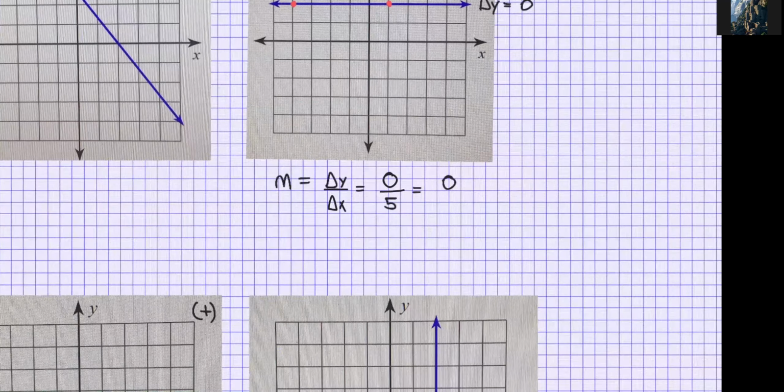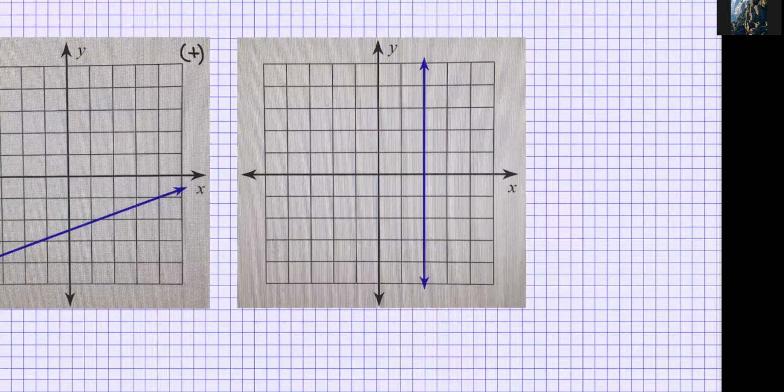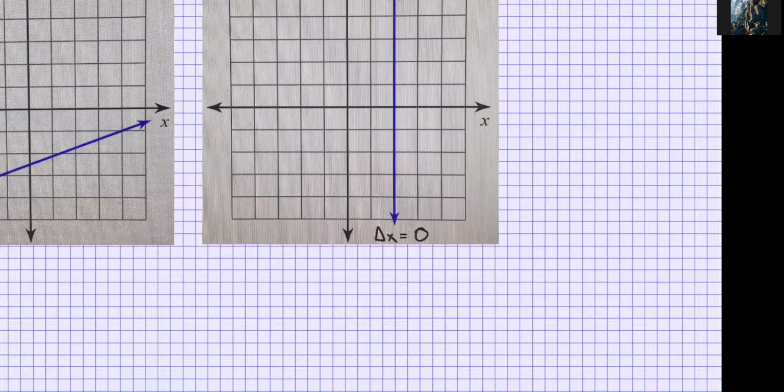The other possibility, this one down here, is a straight line in the same way, but now it's vertical. You have a completely vertical line. Doing that analysis, we will see that the change on the horizontal is 0. And this presents a whole new case. If the slope is the change on the vertical divided by the change on the horizontal, and the change on the horizontal is 0, then it doesn't really matter what number we have in here.